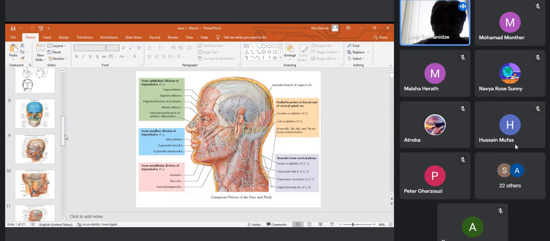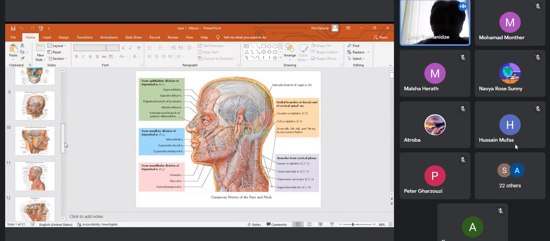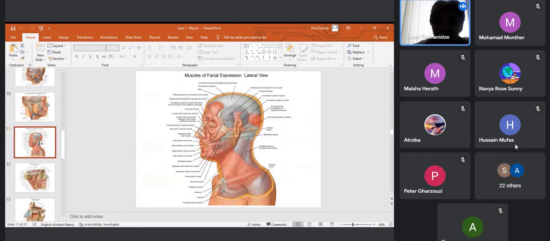Except for these superficial vessels and nerves, under the superficial fascia on the face are located the muscles of facial expression. Muscles of facial expression are divided into two groups: those which originate from the bone and attach to the soft tissues, and those which originate and insert through the soft tissue.